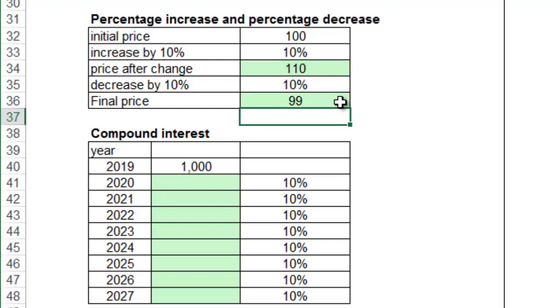As you can see, the price has not returned to its original value. The greater the percentage change, the greater the difference between the final and the initial price. Let's change the percentages to 50%. 100 plus 50% is 150. 150 minus 50% is 75.